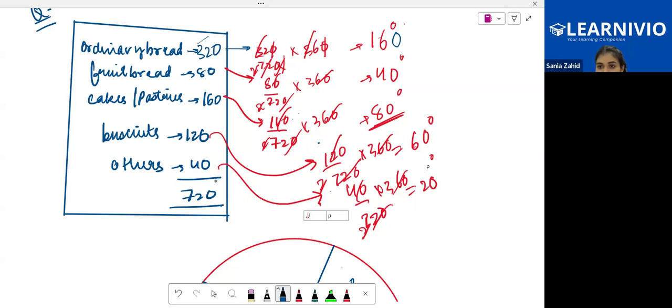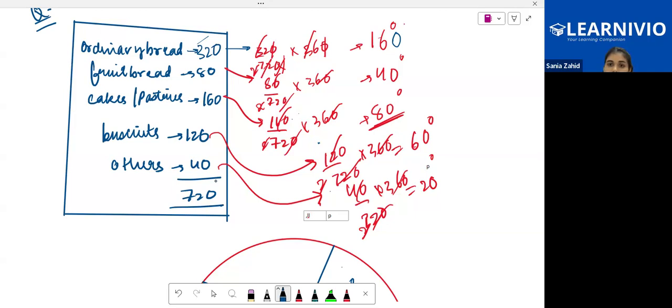Bring it a little closer. Okay, it seems to be correct only. Aswan, did you properly measure the angles? Yes, ma'am. Okay, once recheck them as well. Measure them again.